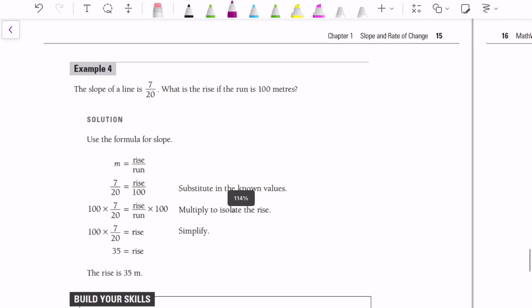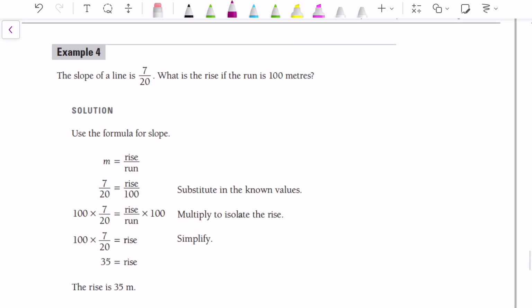All right. Example number 4. The slope of a line is 7 over 20. What is the rise if the run is 100 meters? So now we have our proportion again. We have m, which these two things are the same in this situation. Okay, so slope is 7 over 20, and then it's still equal to rise over run. We don't have a rise, we have a run.